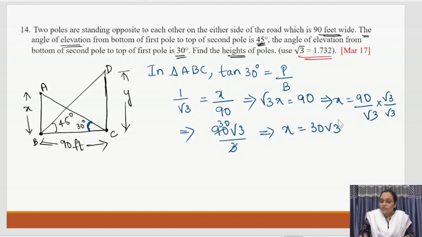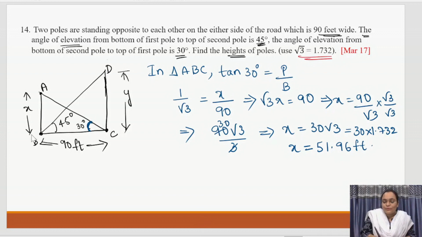So 30 into 1.732 gives x equals 51.96 feet. The height of this pole is 51.96 feet.